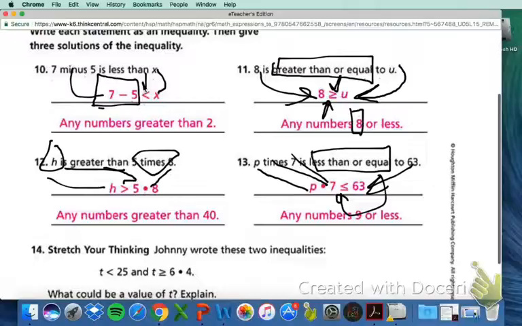So for any number 9 or less, because 9 times 7 is equal to 63, so any number less than that will give you an answer less than 63. Okay. If you have questions about Stretch Your Thinking, come up and see me. Otherwise, that's the end of 5-15.